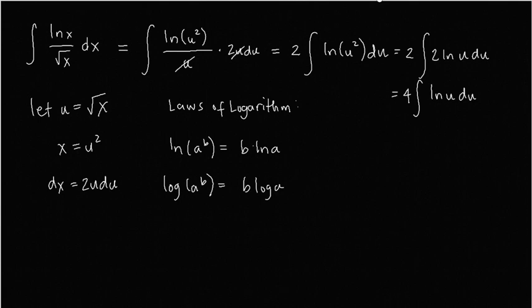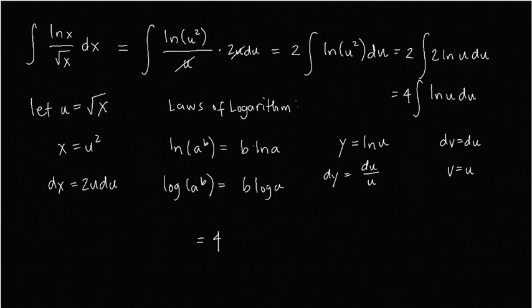So the integral of ln of u du can be done using integration by parts. So I will let first y equal to ln of u, so that dv is equal to du, and dy is equal to du over u, and v is simply equal to u. So let us put it here.